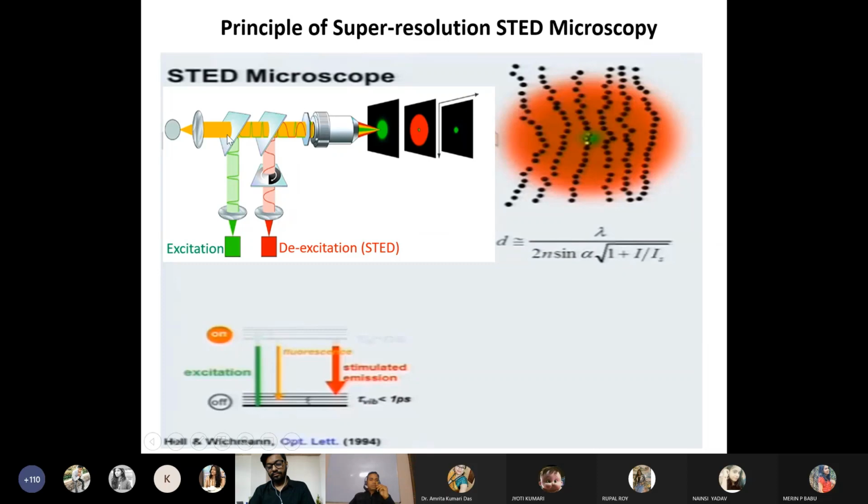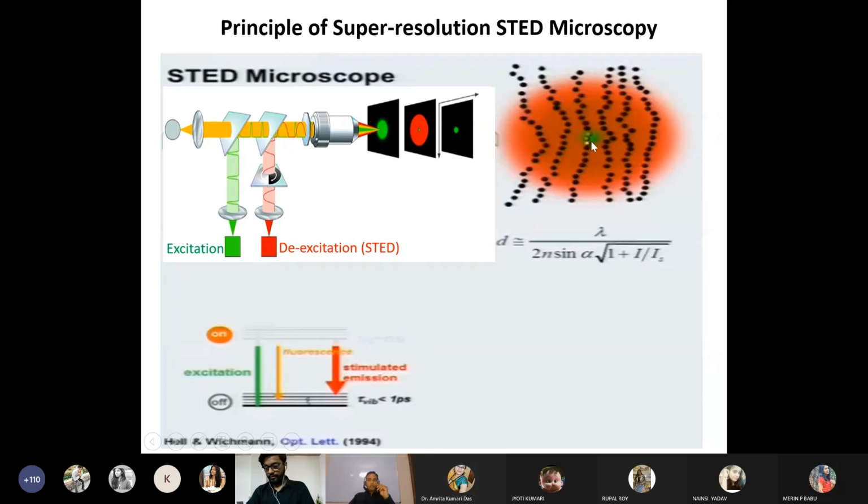So let's talk about its mechanism. How does it work? So the excitation and the de-excitation. So this is an area in which the de-excitation light is being incident over a 200 nanometer diameter of space.